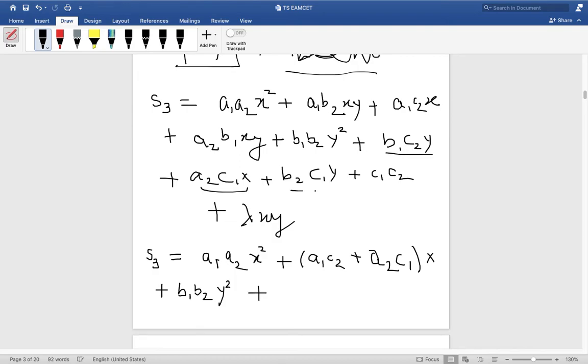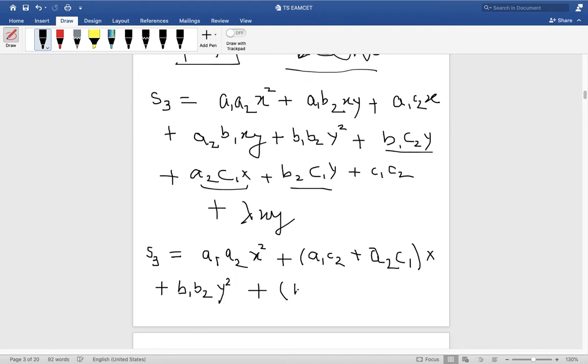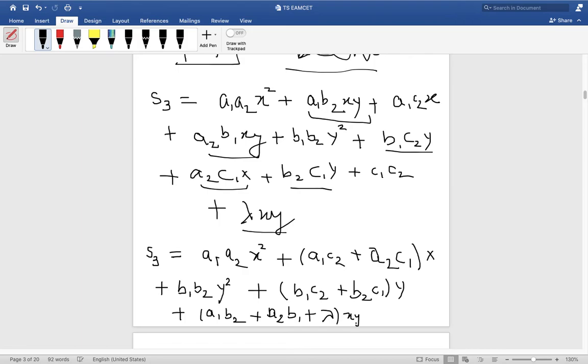This one and this one. So b1 c2 y plus b2 c1 y. Now let us put the xy term. Where's the xy term? This one and this one. So a1 b2 plus a2 b1, and this one is also there, xy term. So plus lambda into xy. There's a constant term as well, c1 c2, let us not forget.